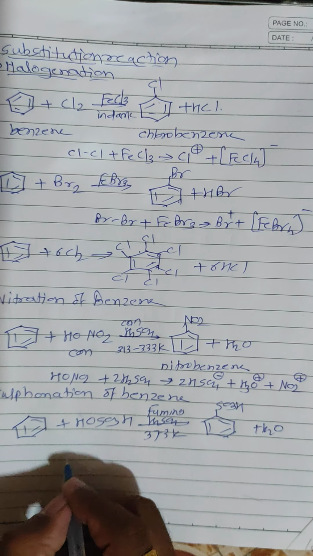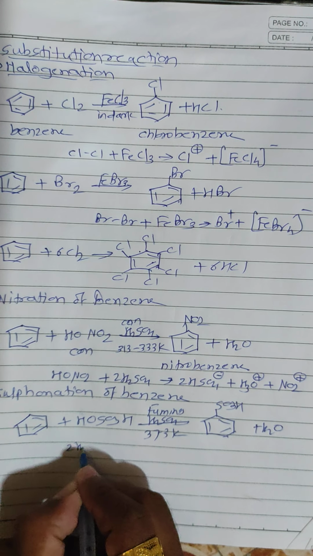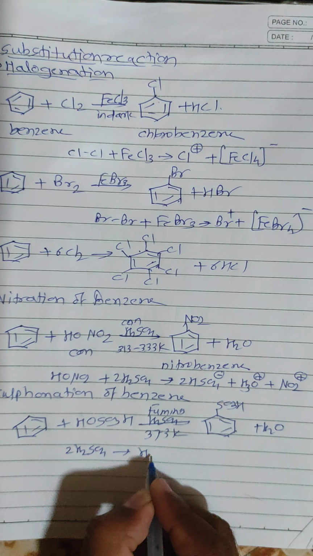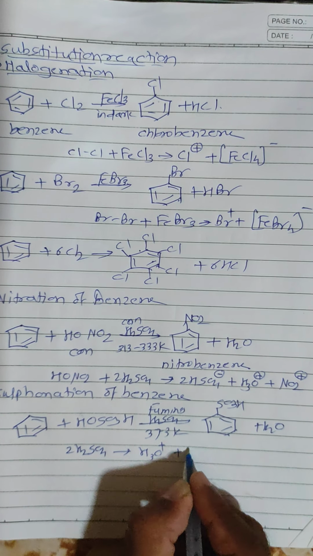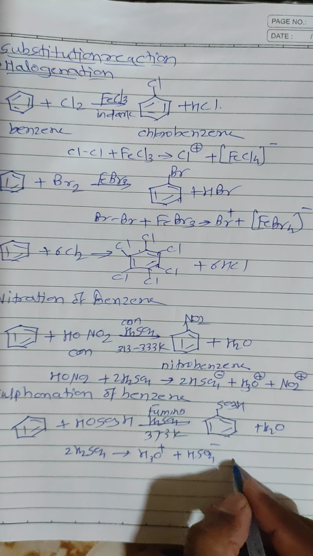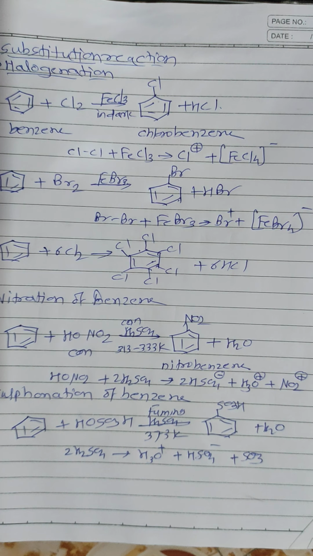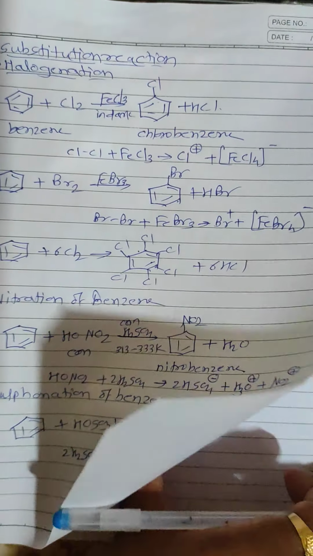This reaction is carried out to form sulfur trioxide. So 2H2SO4 dissociates to form H3O plus, HSO4 minus, plus SO3. So this is the third reaction.